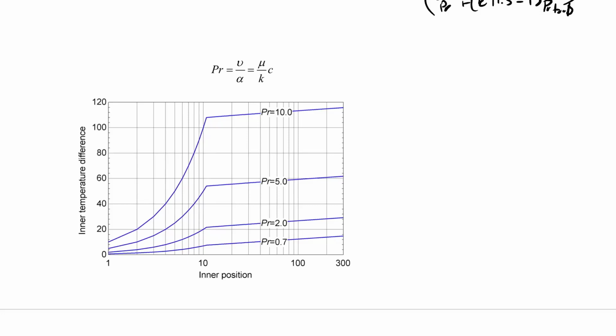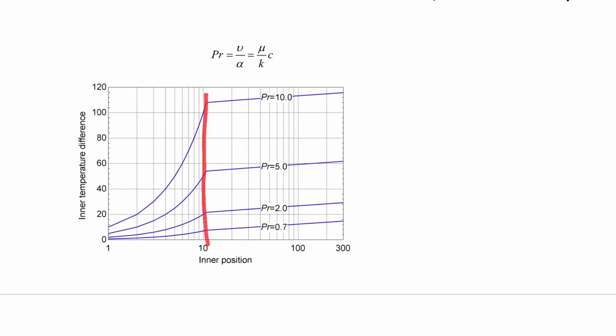If you increase the Prandtl number, you're making it harder for heat to flow across that really thin layer right next to the wall. For a given apparent heat flux, you're going to see a larger temperature rise, and that's what you see. Once you get out to the transition region, you're no longer governed by the molecular conductivity, and things go back to being dominated by the eddies.